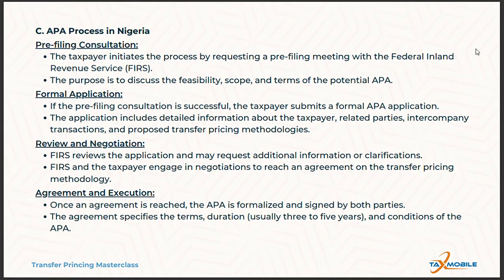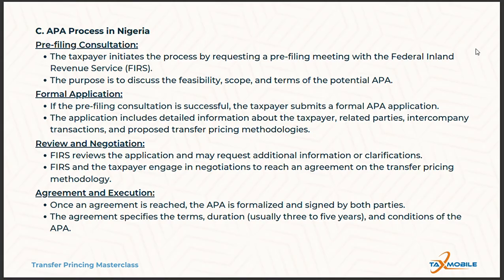So once an agreement is reached, the advanced pricing agreement is formalized and signed by both the taxpayer and the tax authority, and the agreement specifies the transfer pricing methodology, the duration, usually 3 to 5 years, and the conditions for its application. So the conditions for its application would also be formalized.